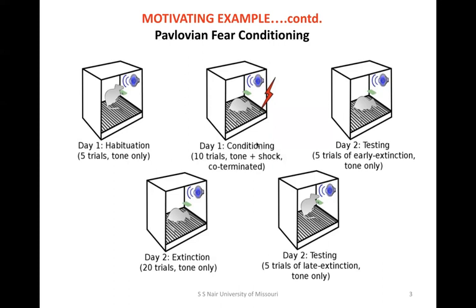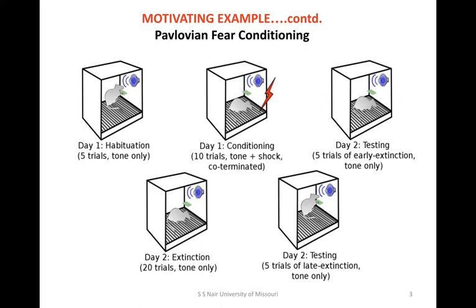So in this phase, the tone is played as before, but there's a very brief foot shock provided at the end of each tone. The key point is that the tone and shock occur together. That is where the rat's fear circuit is learning that the tone is actually bad, similar to you learning not to touch a hot stove.